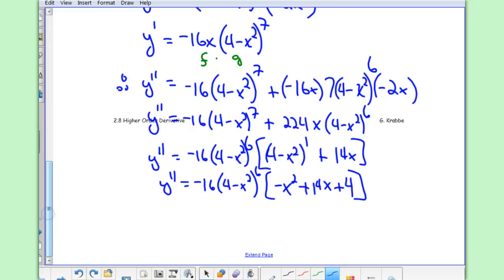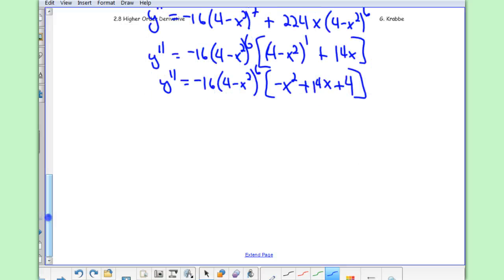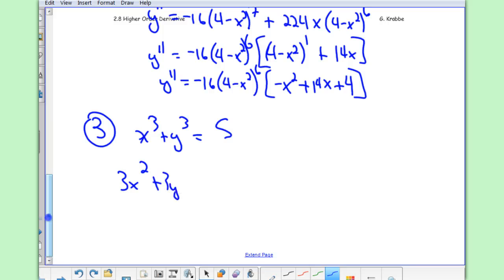Okay. And for the last example, we need to be able to do second orders with implicit differentiation too. So when you have x cubed plus y cubed is equal to 5, and you take your first derivative, I'm going to end up with 3x squared plus 3y squared y prime equals 0.